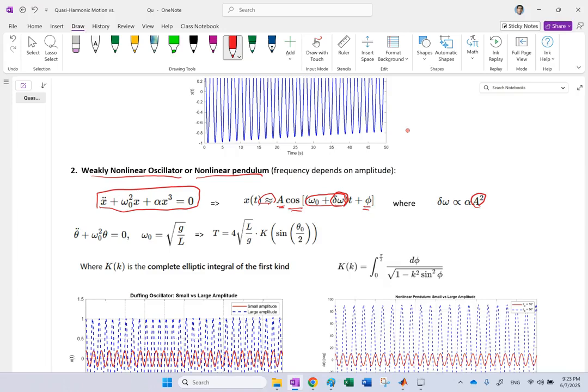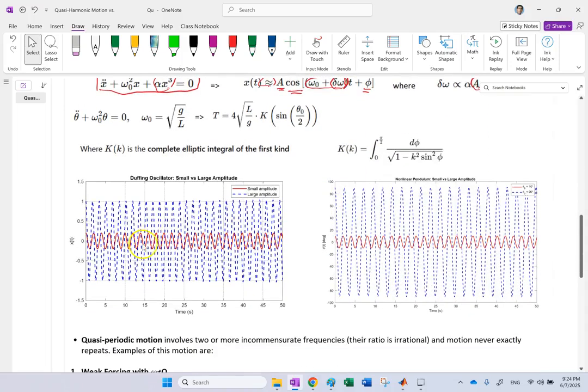Your frequency does depend on the amplitude in this case. So you can say omega is a function of A. It doesn't need to always be a function of time; it could be a function of something else. That happens because of the nonlinear spring in the system, this nonlinearity and that alpha. Of course, the bigger the alpha is, the bigger the nonlinearity, and the bigger the dependence of frequency on the amplitude.